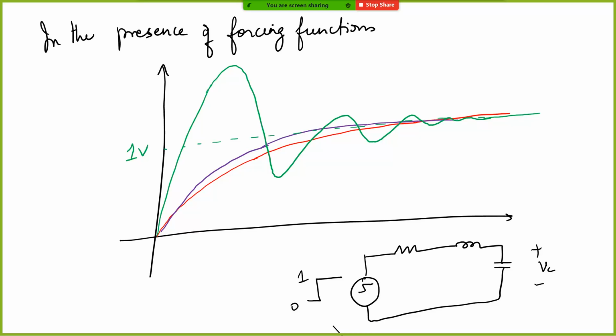Now, when we talk about settling time in this context, we talk about how much time it takes for this function to come within 1% of the final value. That is to say, how long will it take to reach 0.99 times V final, or I final. That is how we define settling time.